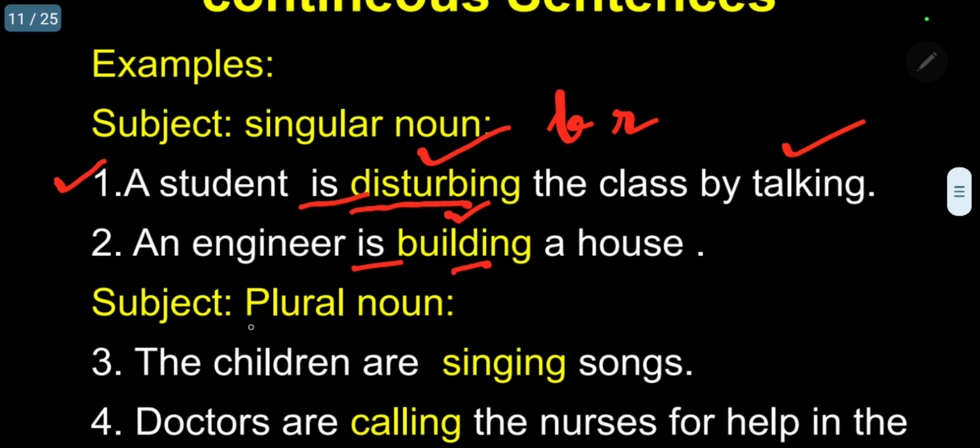Now plural noun. Three, the children. So automatically I have to use are. The children are singing songs. Sing is the basic verb, ending with G, and N is the consonant. So, singing songs. Four, the doctors are calling the nurses for help in the hospital.